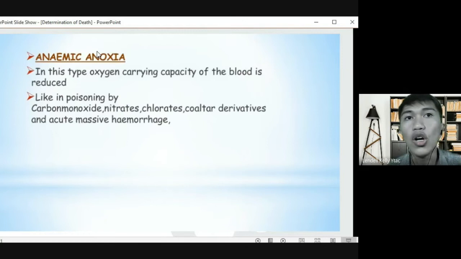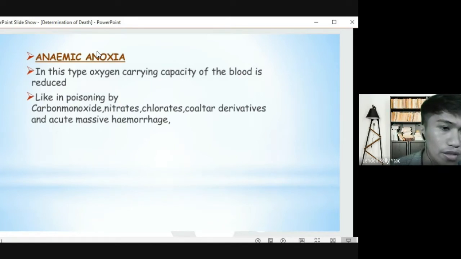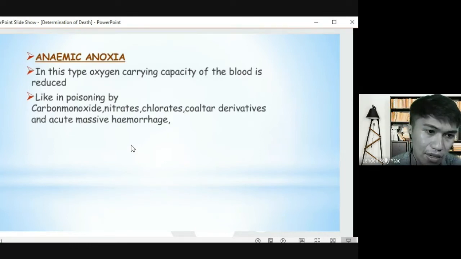Therefore, if you reduce the amount of red blood cells, because we already know that red blood cells are responsible for carrying oxygen and transporting it from the higher concentration, which is the lungs, to the different cells of our body. Anemic anoxia would also occur in poisoning with carbon monoxide, nitrates, chlorates, coal tar derivatives, and acute massive hemorrhage. We also feel the effect of anemic anoxia.